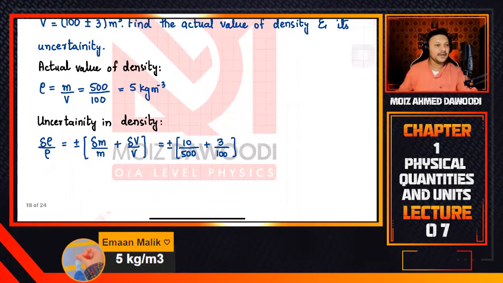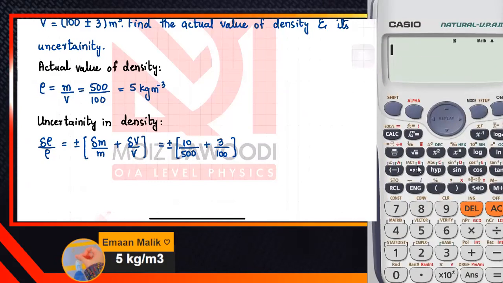So what do we get as an answer? Let me see. It's 10 divided by 500 plus 3 divided by 100. 0.05.